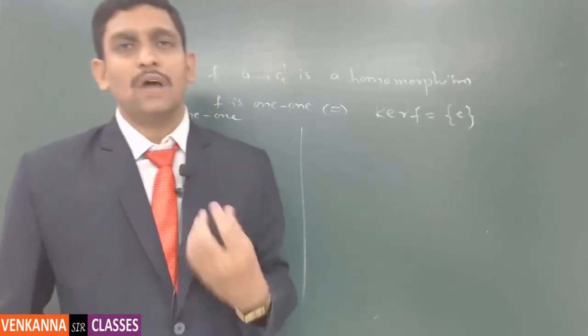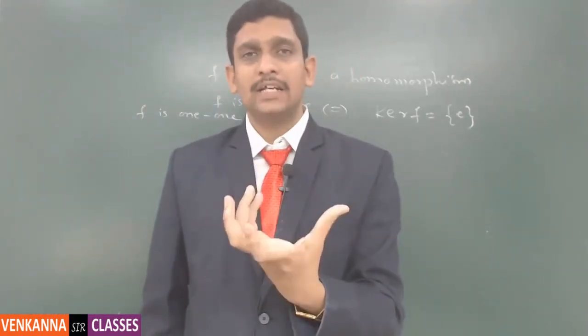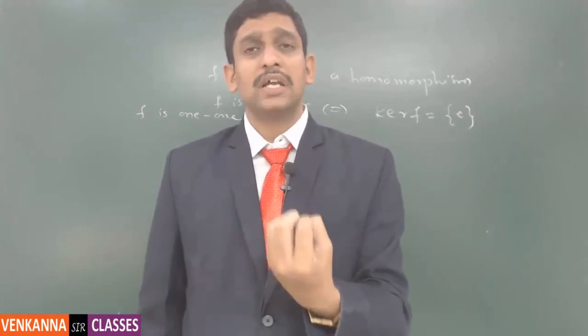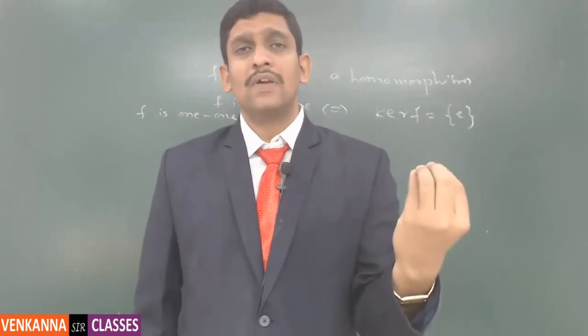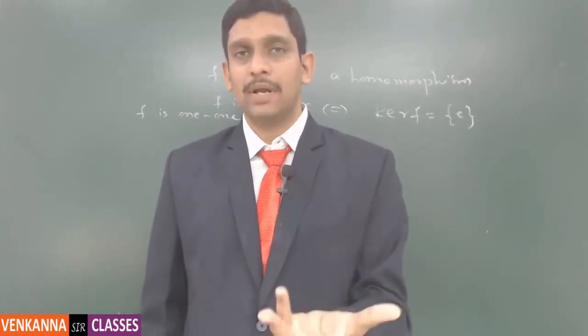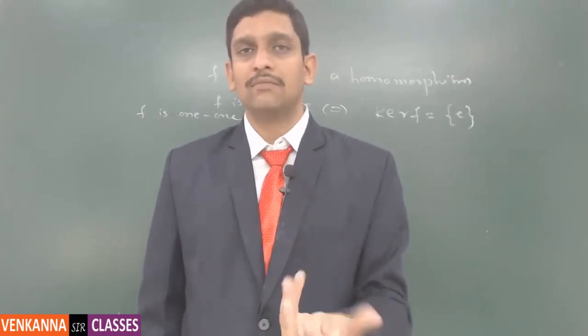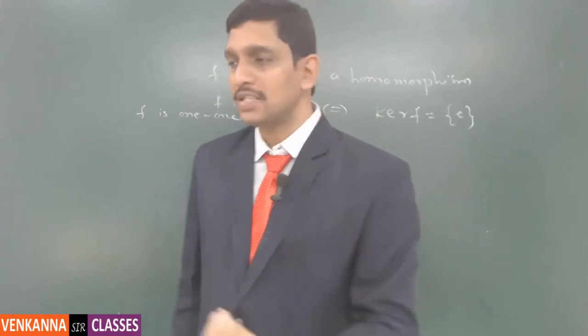So the objective here is, let me say, I have taken a set in which every time I am picking up an element. Whatever element I am taking out, I am always getting an even number. So what does it mean? Always I am taking out an even number. So what does it mean?